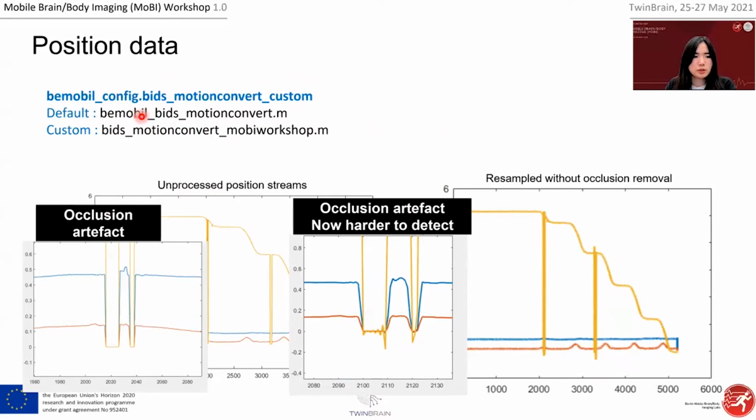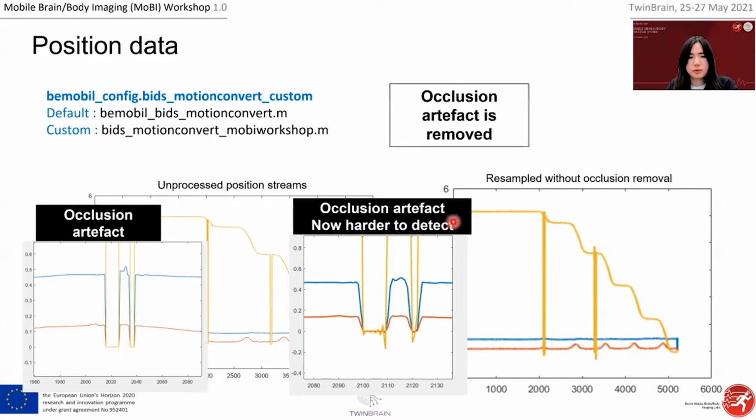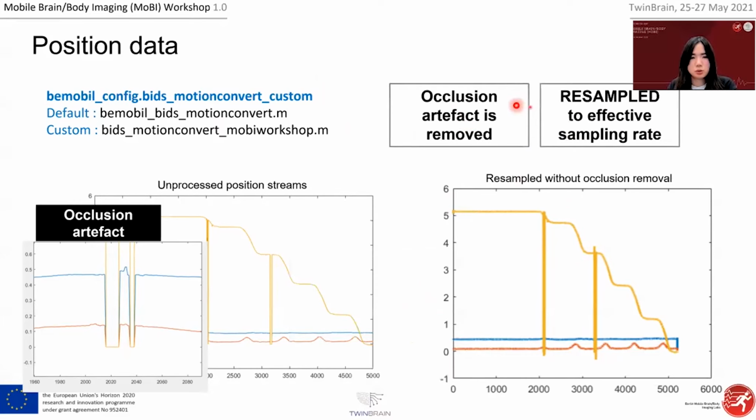If you open this default script included in the pipeline, modify it to your liking, and configure this field with the name of the custom function, then you can do whatever you want with the motion data when it's being converted from XDF to BIDS. This is the order in which it is done: occlusion artifacts are removed first, and then the data is resampled to the effective sampling rate.